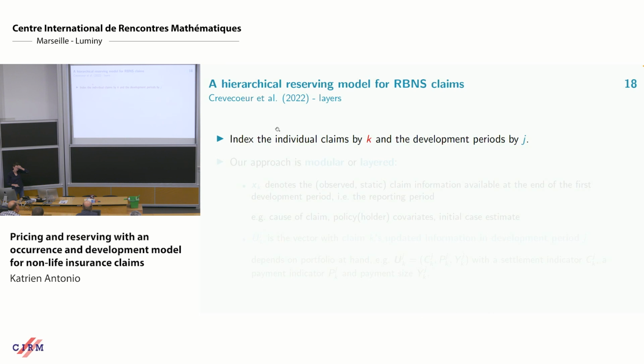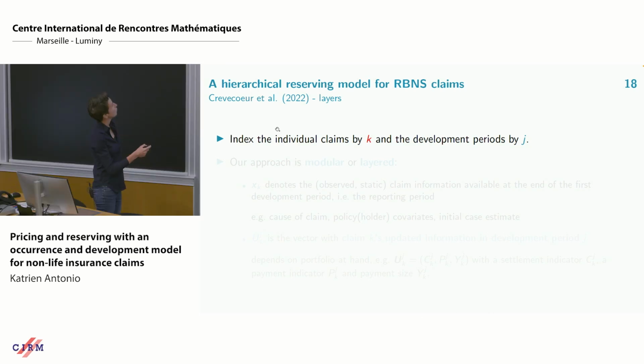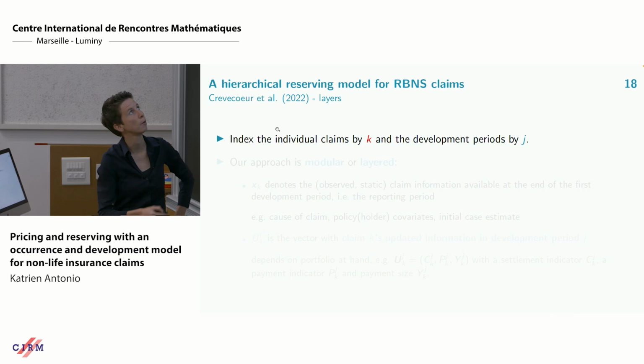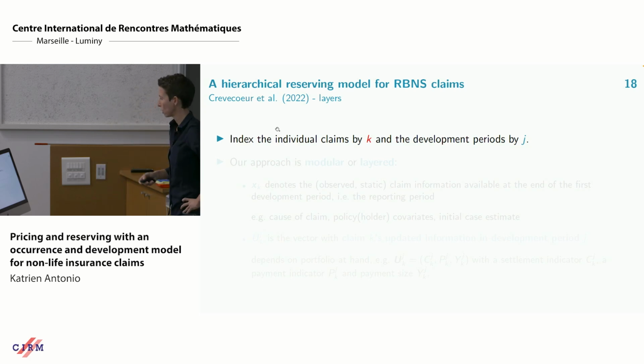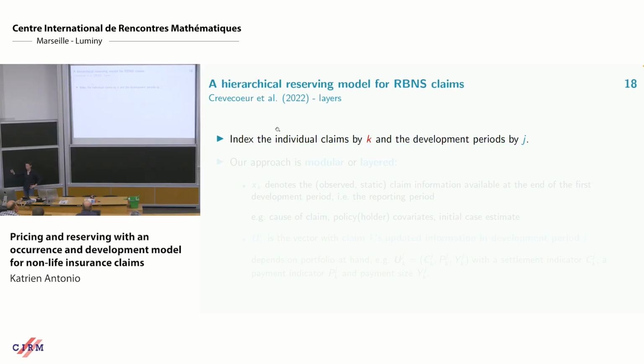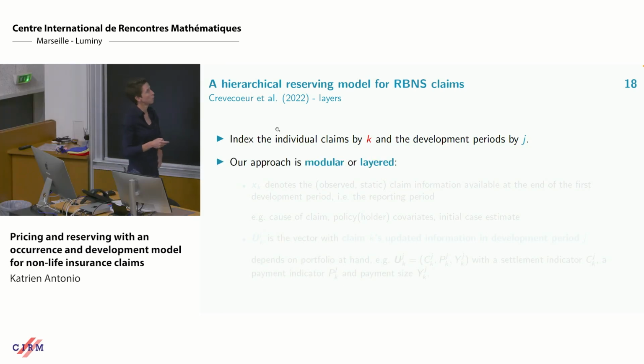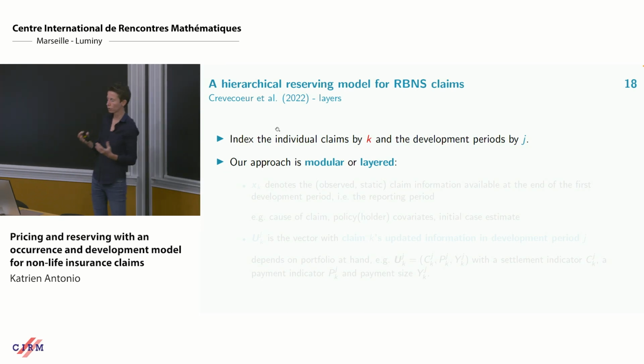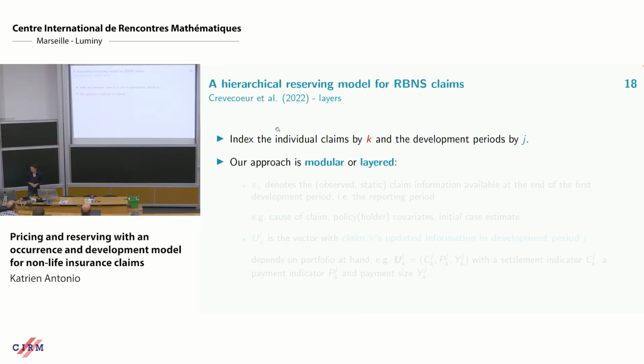And that's what we did in a recent IME paper with Jonas and with Jens, where we proposed what we call a hierarchical reserving model for these RBNS claims. So we're going to look at individual claims, we're going to look at development periods over time, and we're going to build a so-called modular or layered model. And many other contributions have worked along the same idea, so this is not that surprising or new.